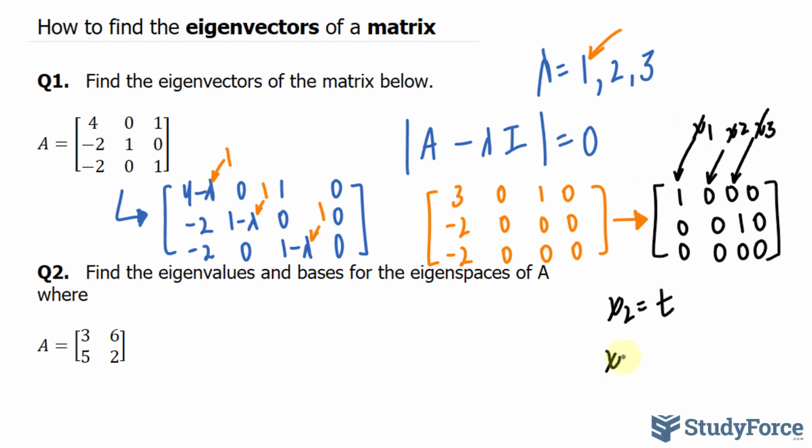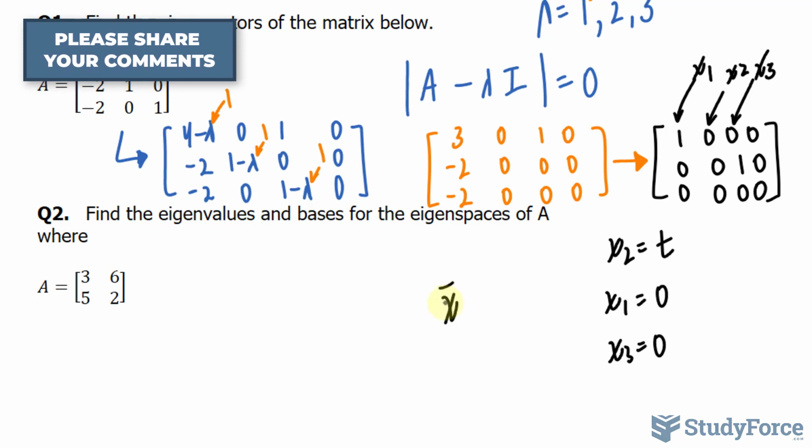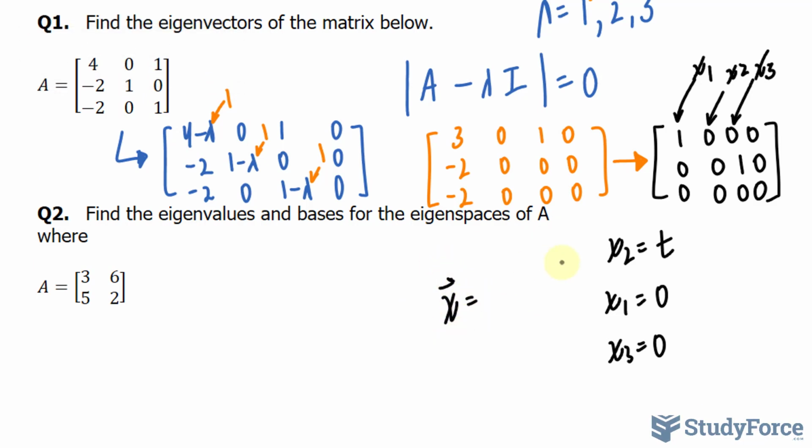X sub 1, on the other hand, is equal to 0. Notice that this column represents our solutions. And x sub 3 is also equal to 0. As a result, our solution, which I'll represent as a column vector, is 0, 1, 0, multiplied by the parameter t.